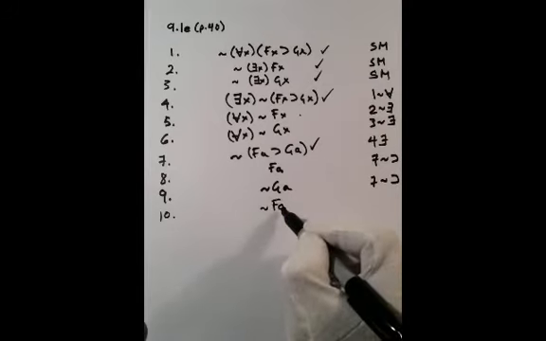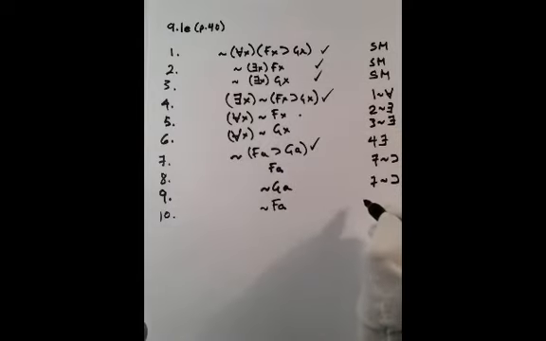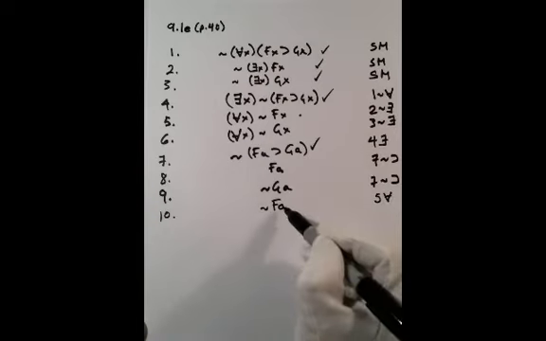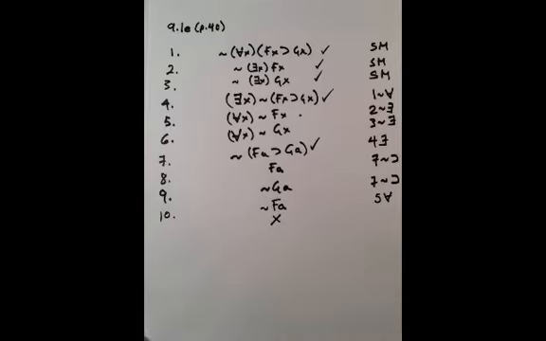I can instantiate to a because line 5 is a universally quantified sentence. So line 10 comes from 5 by universal decomposition. But now I have a contradiction. I have f of a and not f of a, so the tree closes. So the original set that I began with, which is made up of these 3 sentences, is not consistent.